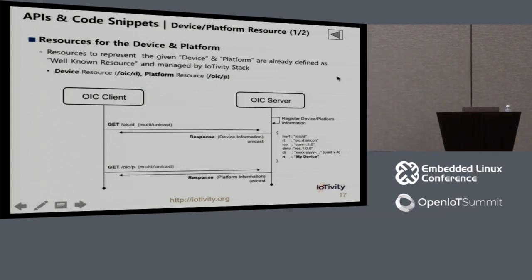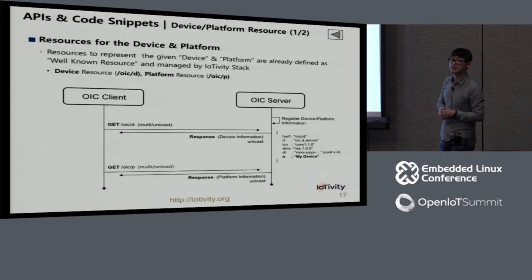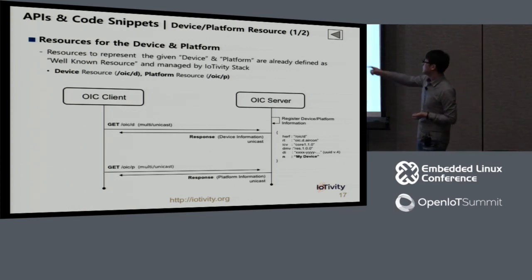This is the protocol flow of how you could discover a device using the device resource. In the client, if you send a GET request to /oic/d on the network with a multicast message, then every resource server with that /oic/d will respond with its own data.